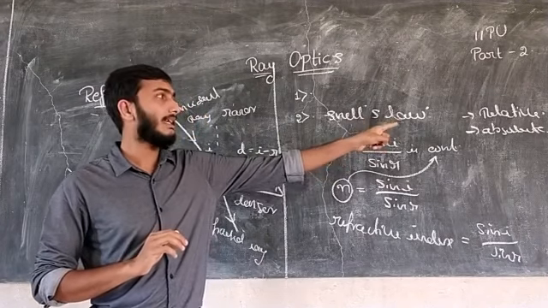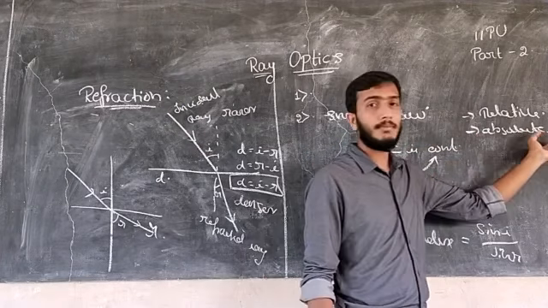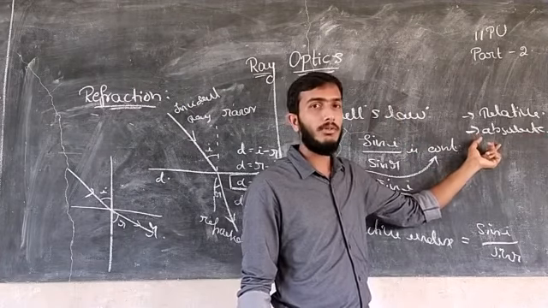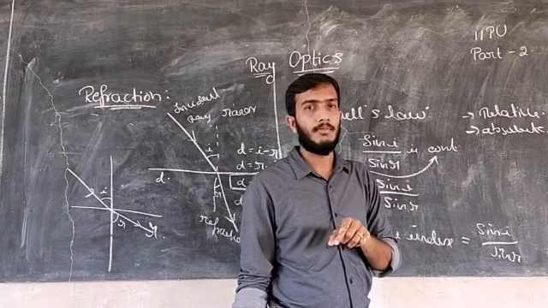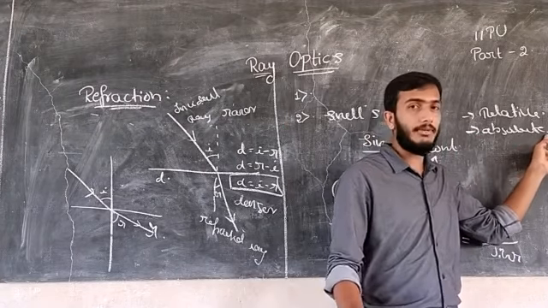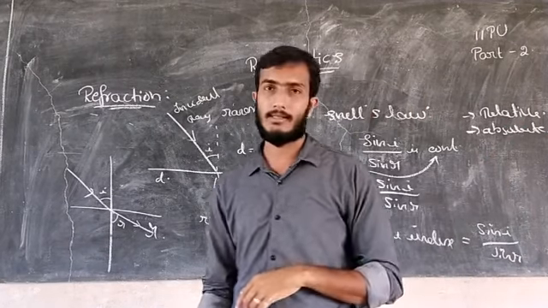The refractive index of any medium with respect to another medium is called relative refractive index, and when the other medium is vacuum, it is called absolute refractive index.